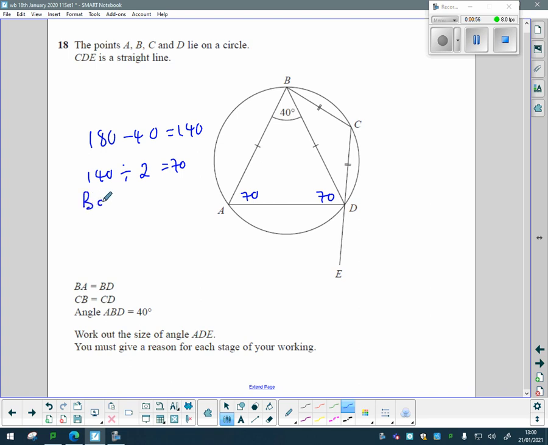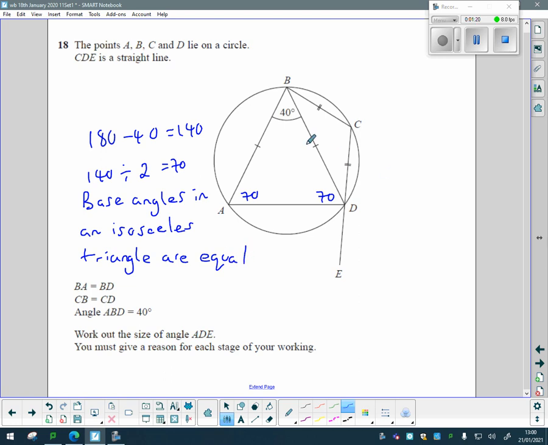The reason: base angles in an isosceles triangle are equal.